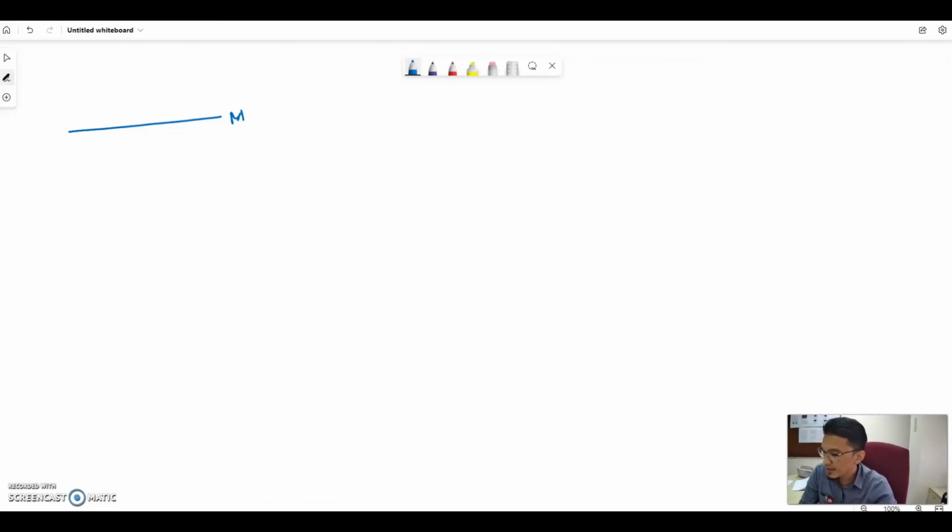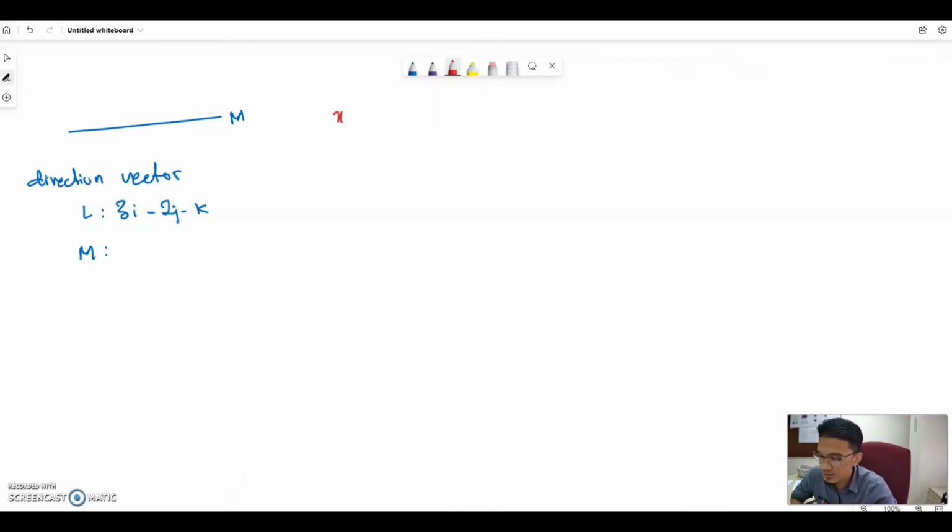So we have to find the sine of the acute angle between line L and M. We already have the direction vector for line L. Let's say the direction vector for line L is 3i minus 2j minus k. And then the direction vector for M, firstly we have to modify the Cartesian equation.